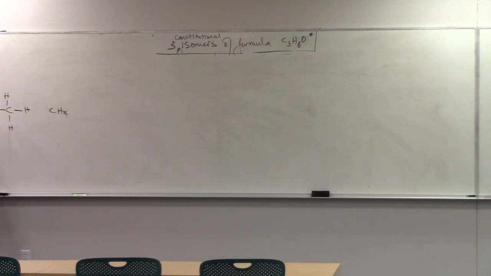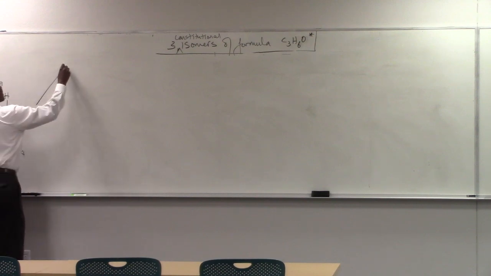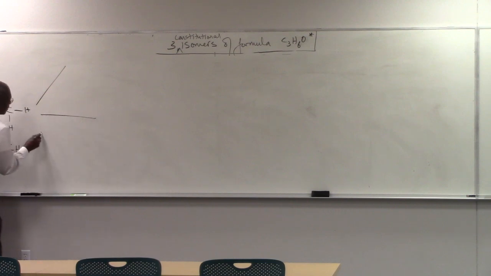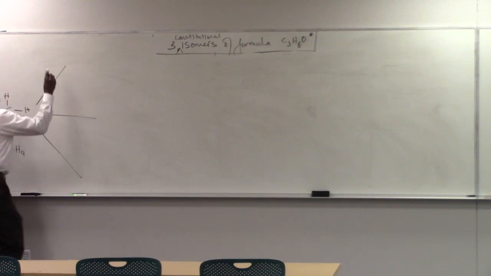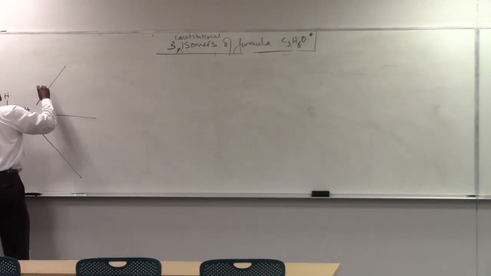So what I'm going to do is I'm going to take methane, and I am going to replace one of the H's in methane by an atom that is monovalent, like a chlorine, for example, an atom that is divalent, and an atom that is trivalent.